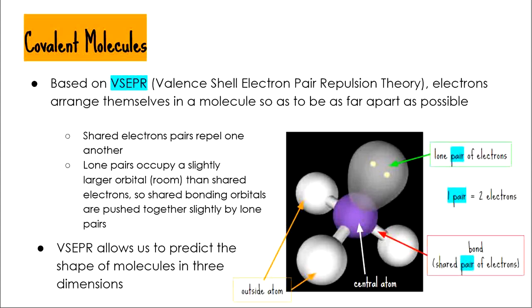Two different atoms are sharing each of their own electrons in a bond. A lone pair of electrons means that it is not sharing electrons with any other atom. It is not in a bond. It is two electrons on the central atom. So the VSEPR theory allows us to predict the shape of molecules in 3D.